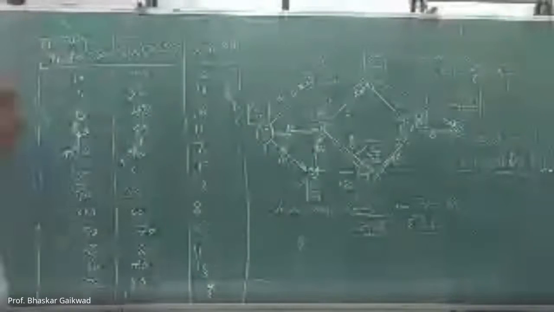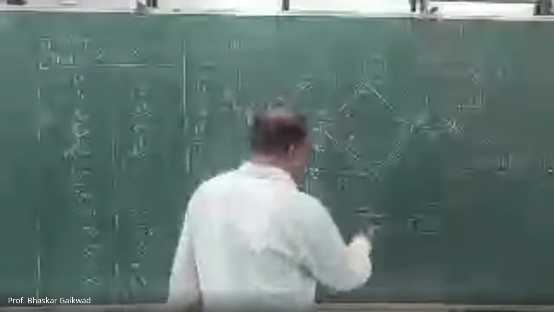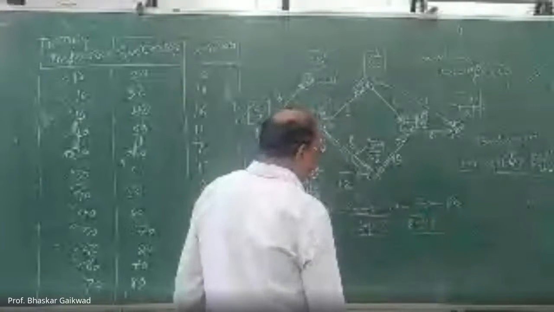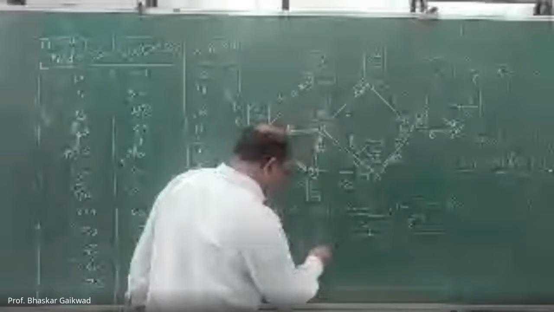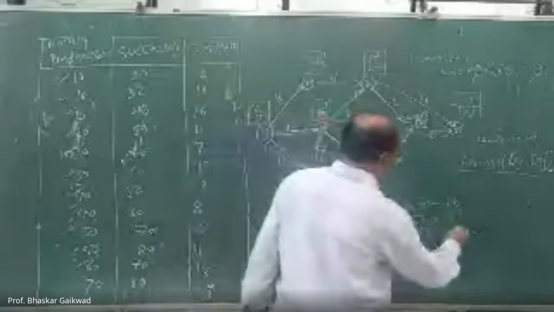And 70 to 88. If you make this total, then this will become the project duration. So 16 plus 8, 24. 24 plus 8, 32. 32 plus 18, 50. So the answer is 50.